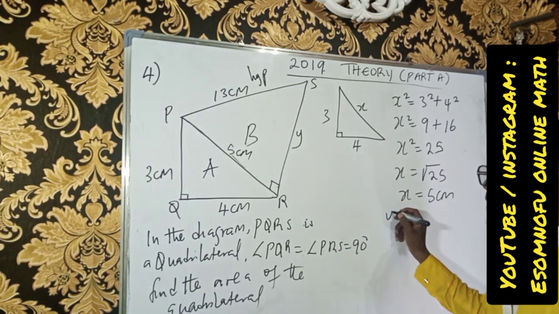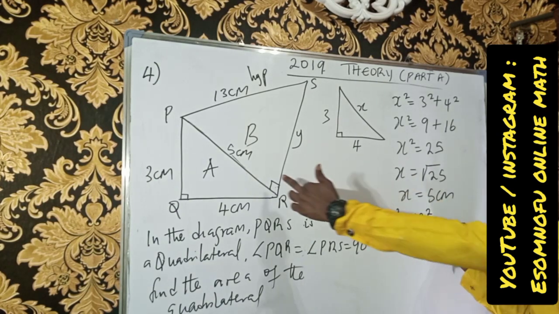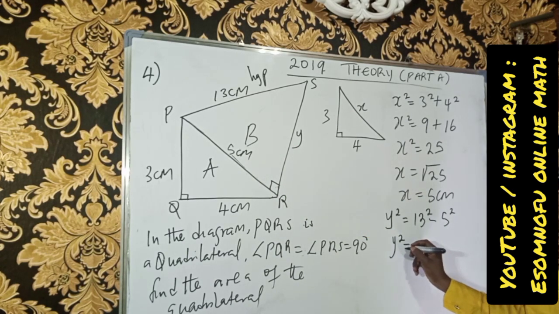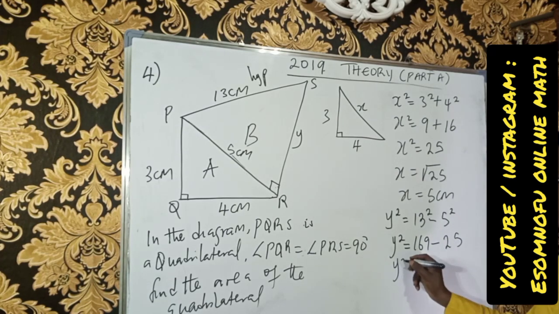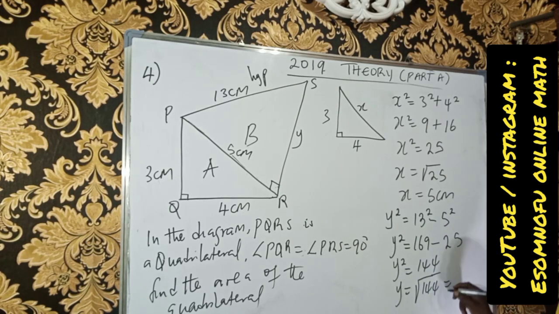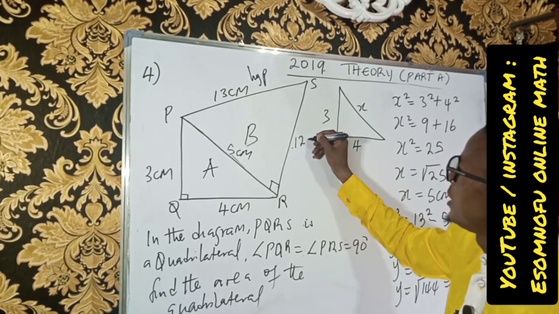You can now see that y squared is equal to 13 squared minus 5 squared. 13 squared is 169, minus 5 squared is 25. So y squared will give me 169 minus 25 is 144. So that y is equal to square root of 144, and that will give us 12 cm. That's the value of y, 12 cm. So I can clean here and call it 12 cm.